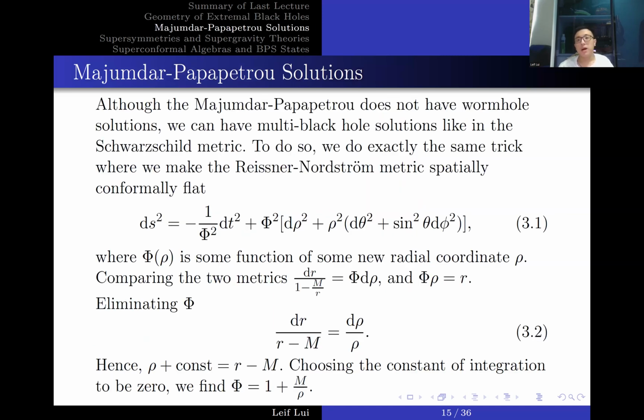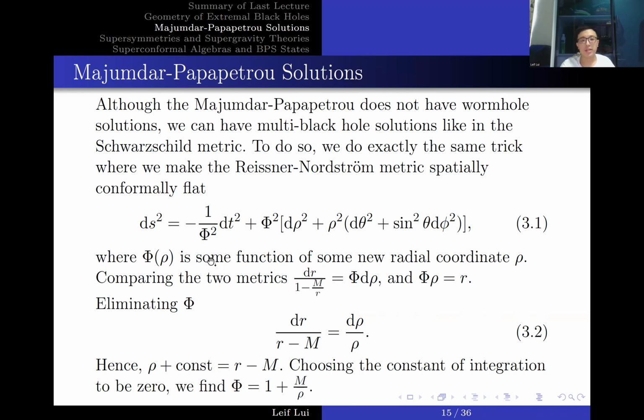So given that the extremal Reissner-Nordström black hole cannot yield wormhole solutions, what is interesting is that it can still yield multi-black hole solutions, and this is called the Majumdar-Papapetrou solution. This is similar to the Schwarzschild metric, and we use the same trick where we make the Reissner-Nordström metric spatially conformally flat.